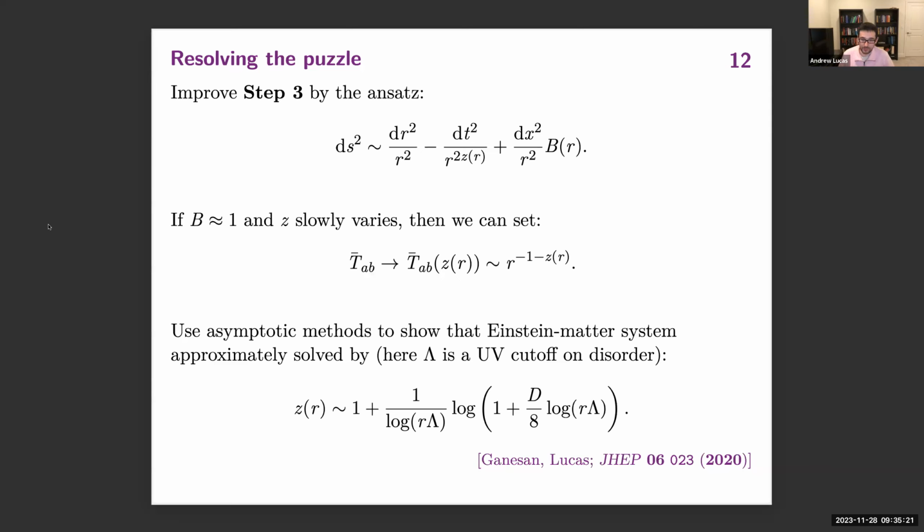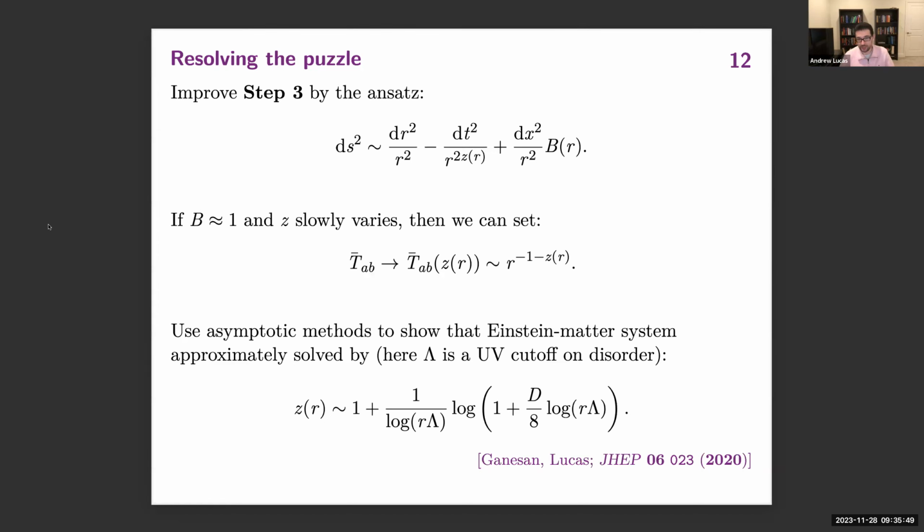Lambda is a UV cutoff, which we need because the disorder is Harris marginal. So there's going to be a log as in an ordinary QFT. If log of R lambda times D is very small, then the big log is approximately just D over 8 log R lambda. And the two logs that remain cancel, and we get Z as 1 plus D over 8.